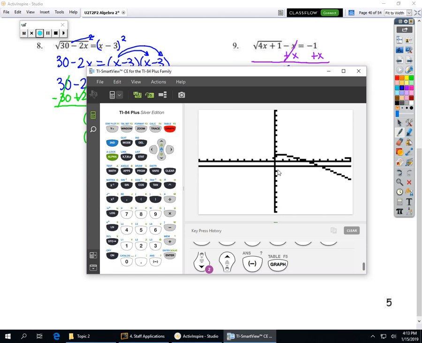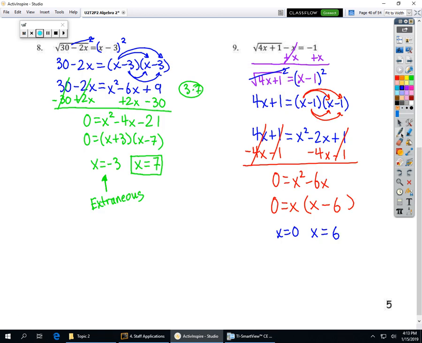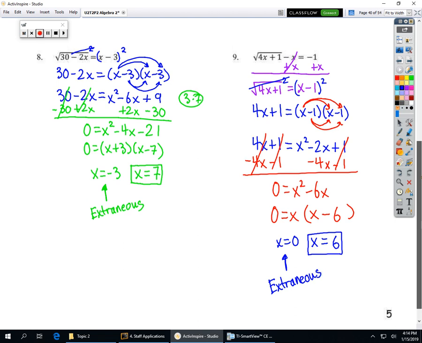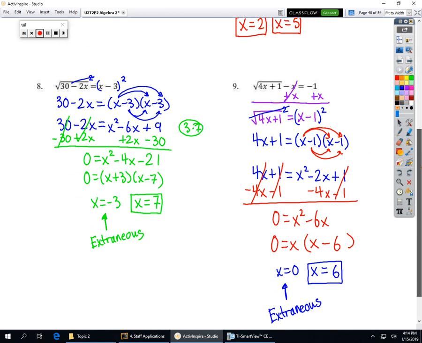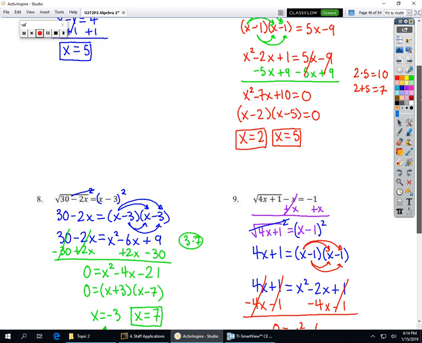They don't cross at 0. Therefore, 6 is the actual solution. X equals 0 is extraneous. Right, so these are solving a radical. It looks like for all of these, you will need to use some kind of factoring at some point.